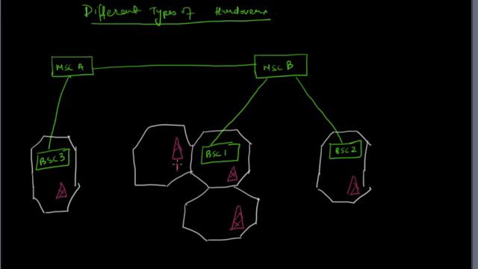Let's say this is cell site number 1, number 2, number 3, number 4, and number 5. And let's assume that the mobile is currently in BSC 1, cell site 2. So here is the mobile. Now let's look at different handovers.